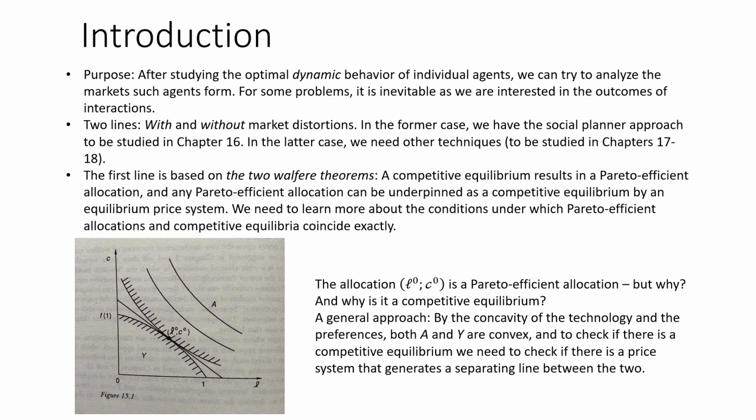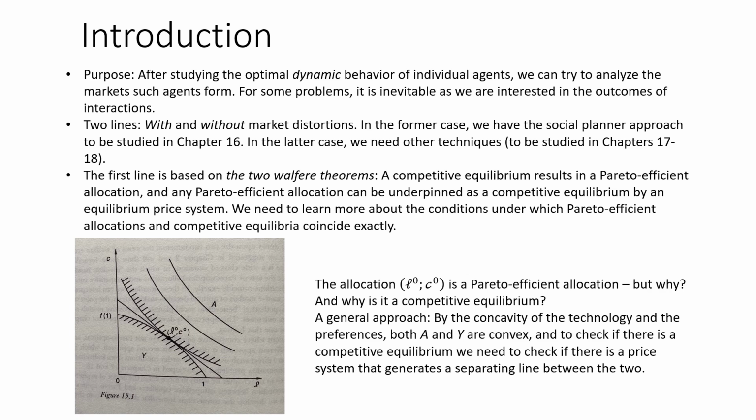There are two possible lines in building and solving general equilibrium economies. In the first line, we have no market distortions. This is the simpler case. In this case, we have the social planner approach, which is much simpler, because we can squeeze all the agents into a single Bellman equation.